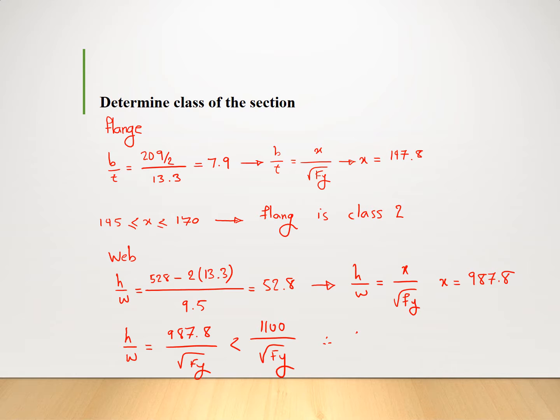So the web is class 1. And we know that if we have flange class 2 and web class 1, the section will be class 1. So the section is class 1.